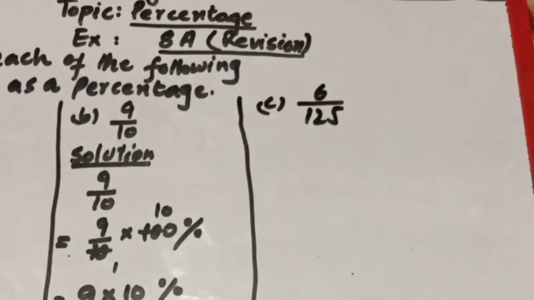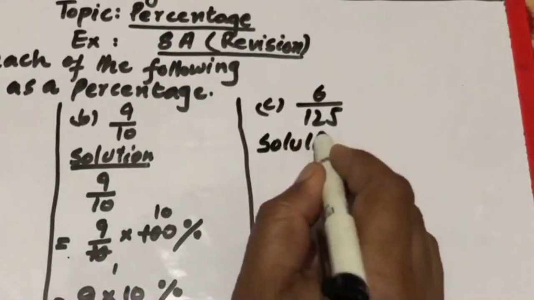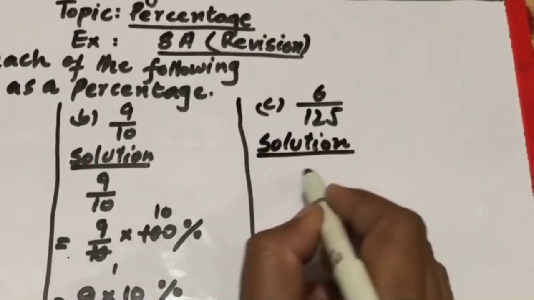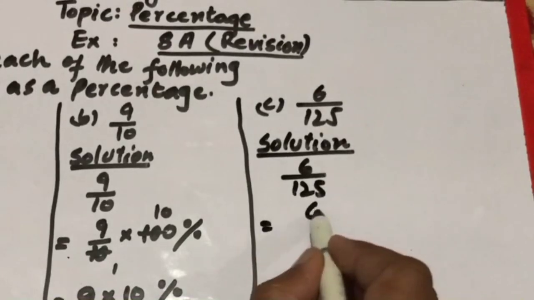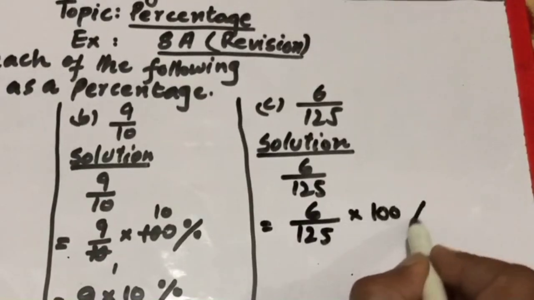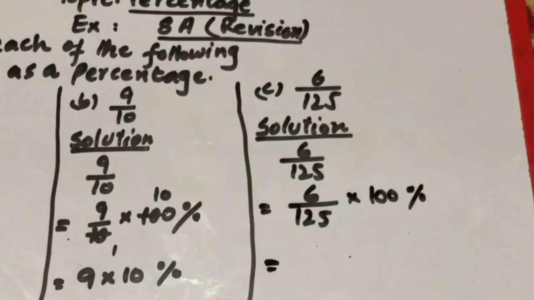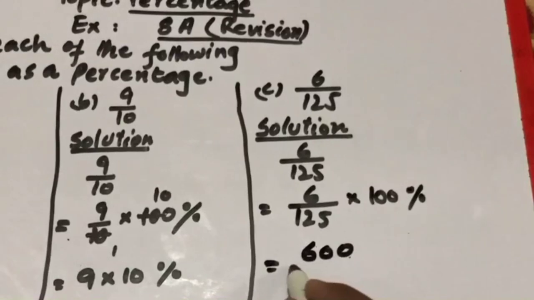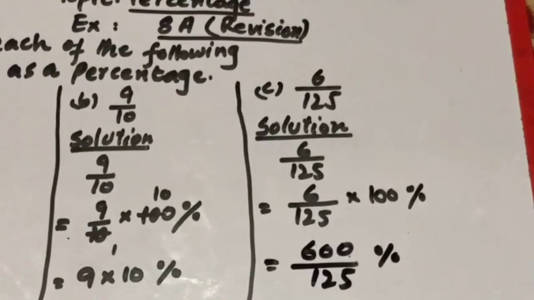Now we will convert this fraction into a percentage. In the solution we will write the fraction 6 over 125 again, and now we are going to multiply this fraction by 100% to make it a percentage. If we multiply 6 by 100, then we will have 600 over 125%, with the percent symbol as it is.